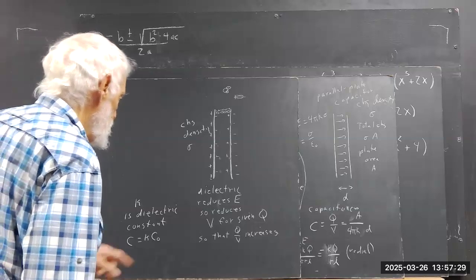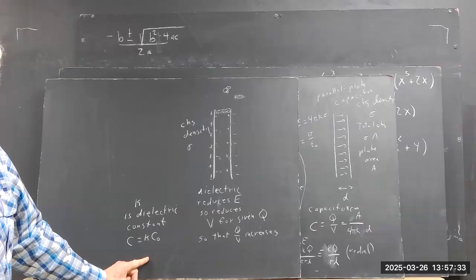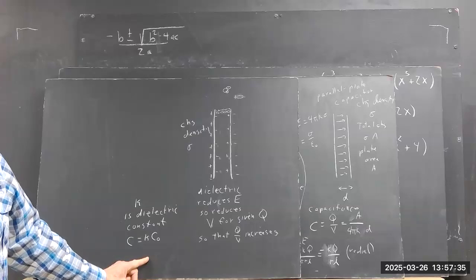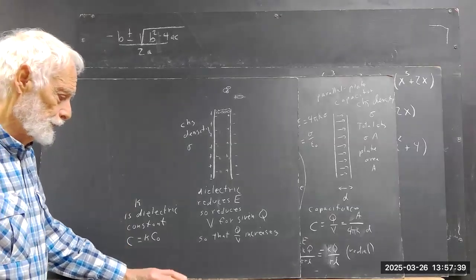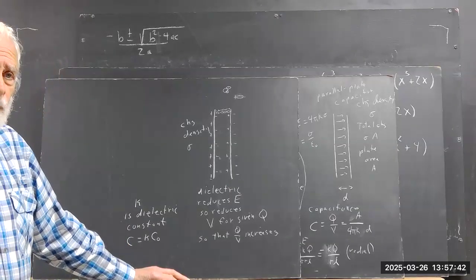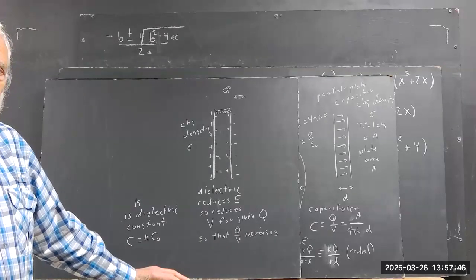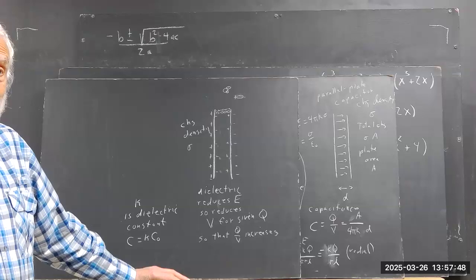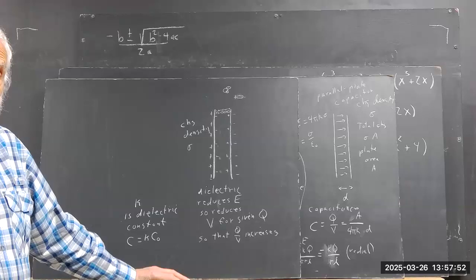And I'll mention that kappa for water, I think, is around 80. And there's some material, I looked at it sometime in the last couple of years. You just search the internet for dielectric constants, and Google or AI or something will give you a table.